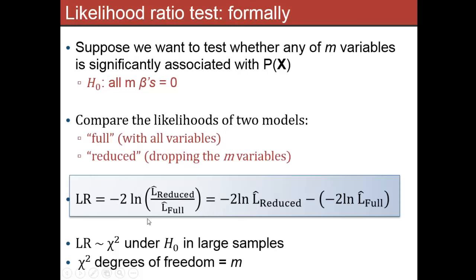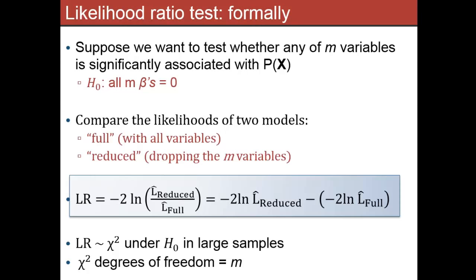This thing is distributed chi-square with the number of degrees of freedom associated with m, which is the number of things that you were considering to be dropped in the model, or the ones that are hypothesized to be equal to 0. So if I'm asking, are beta 6 and beta 7 statistically significant in the model?